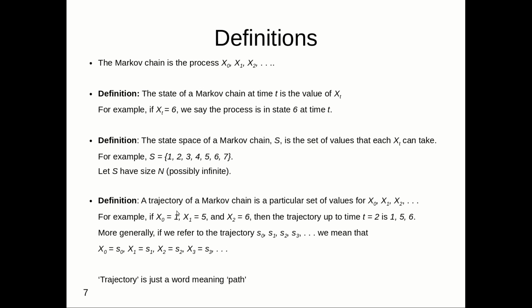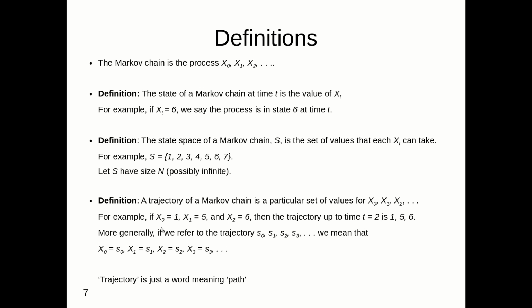Another definition is that the trajectory of a Markov chain is a particular set of values for our variables x0, x1, x2. For example, in our flea example, if x0 is 1, x1 is 5, and x2 is 6, then the trajectory up to time t equals 2 is 1, 5, 6.